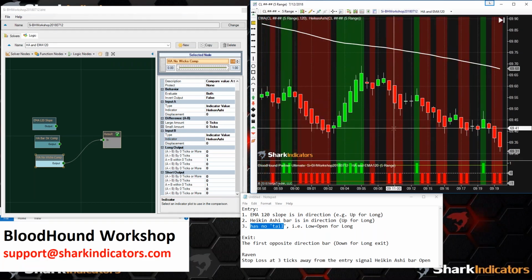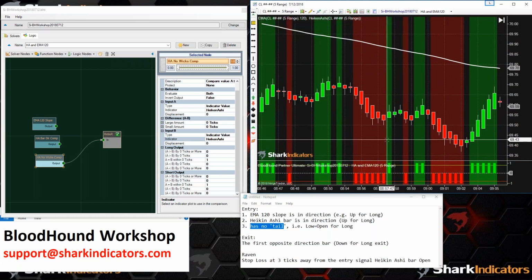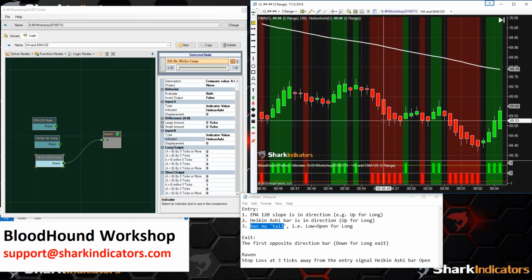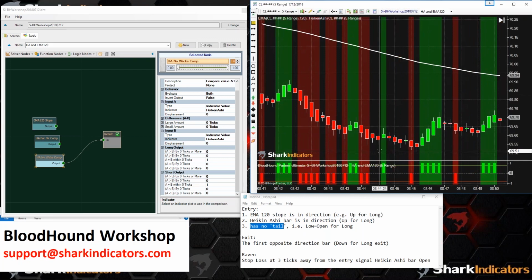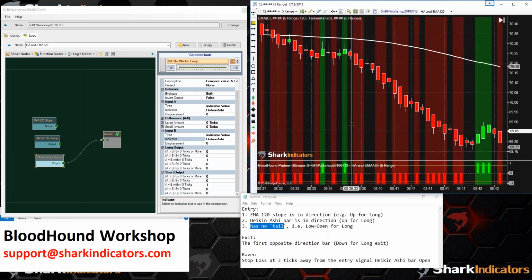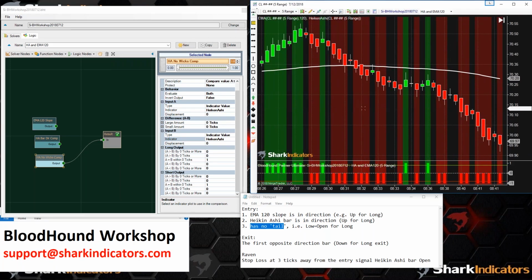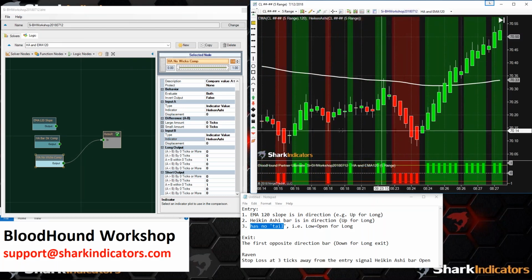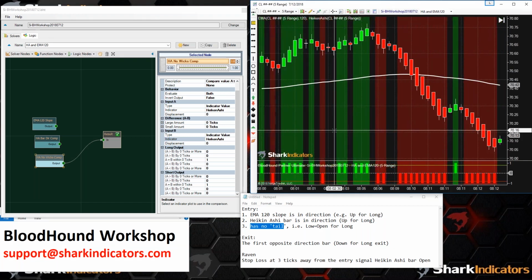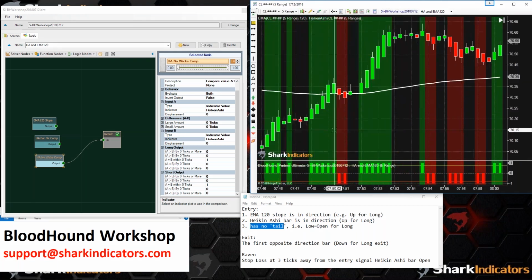Now, let me point something out here. Let's see if it even happens. It might be possible to get a long output on a Heiken Ashi down bar, but it doesn't actually look like the Heiken Ashis work that way. Maybe on a Heiken Ashi down bar, there is always a lower wick.